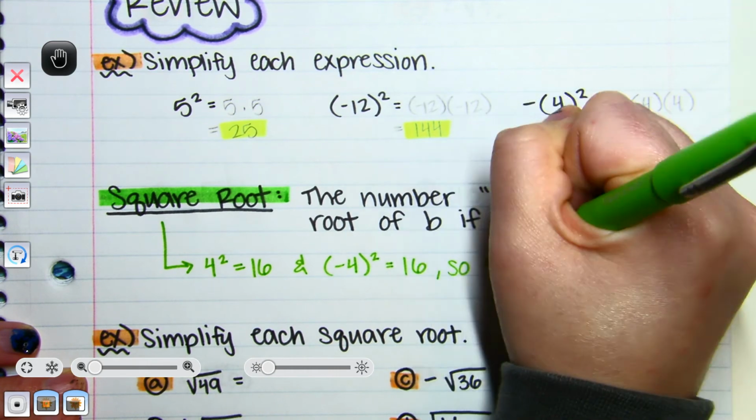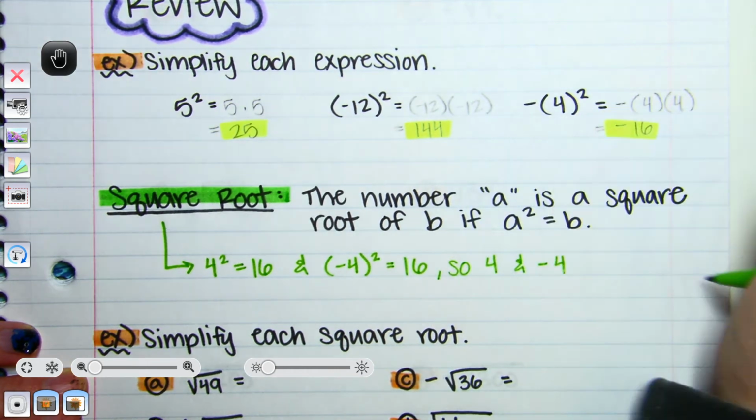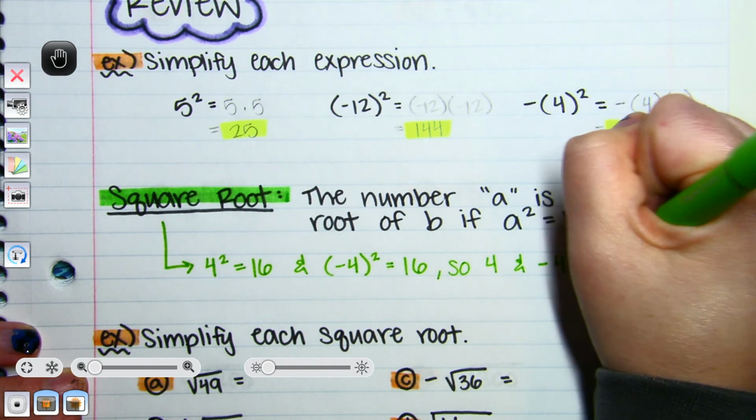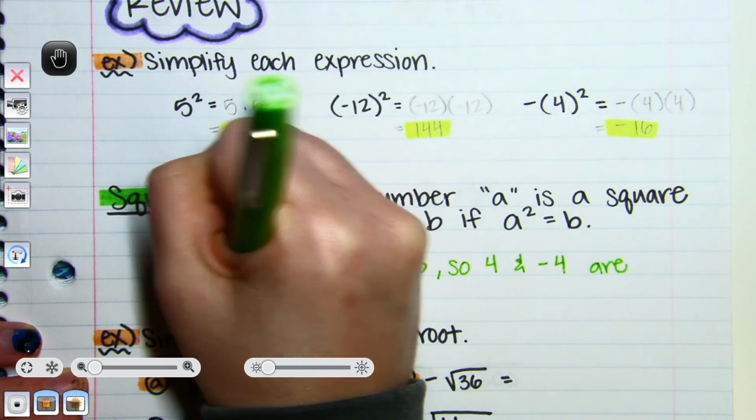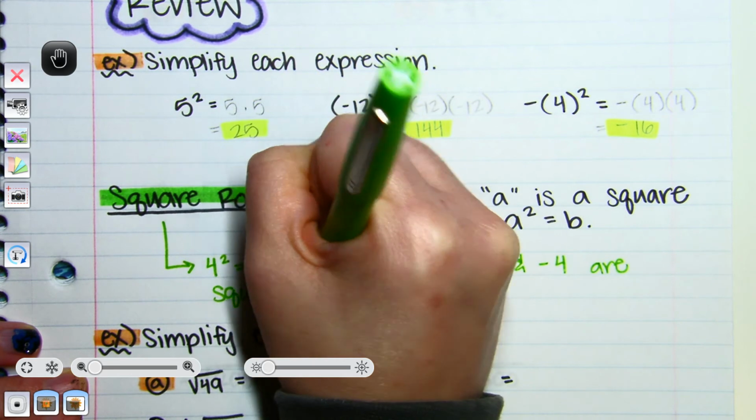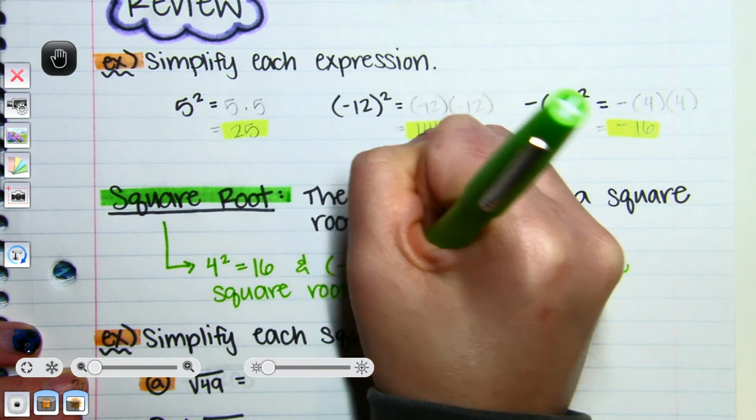So 4 and negative 4 are square roots of 16.